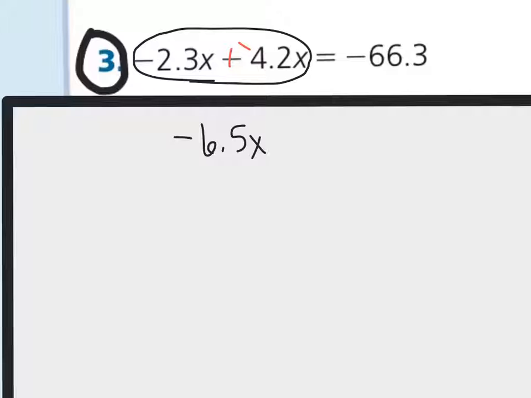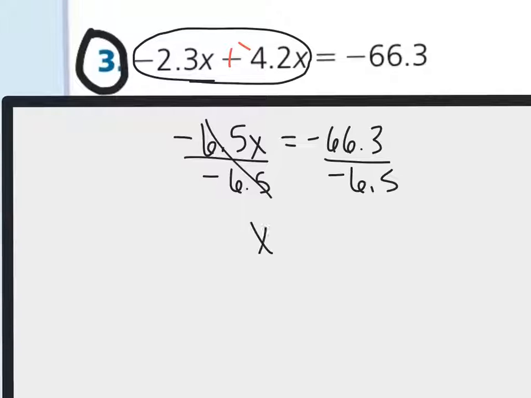We add those together would be negative 6.5x. So once again they're multiplying, so we're going to divide by negative 6 5/10. When we divide that, negative divided by negative is going to be a positive, and that should come out as 10 2/10.